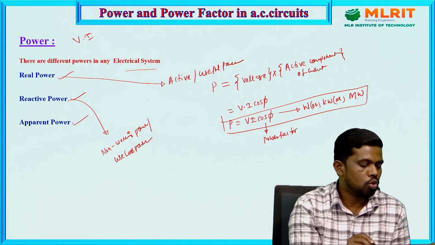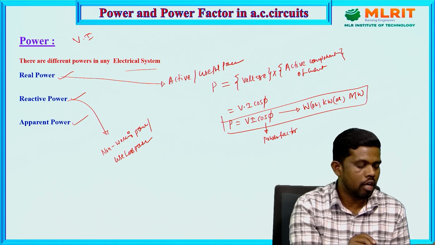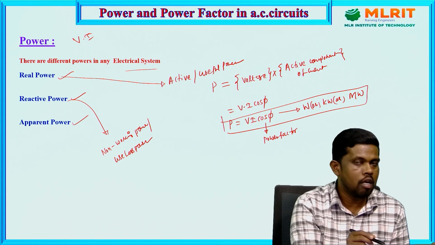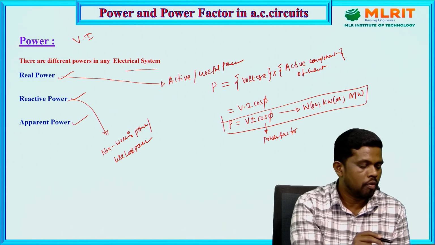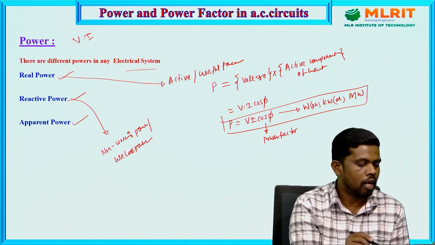Reactive power is consumed by different elements in the network. In the entire system, only the capacitor and inductor consume this power to produce useful energy, that is the magnetic and electrostatic field.